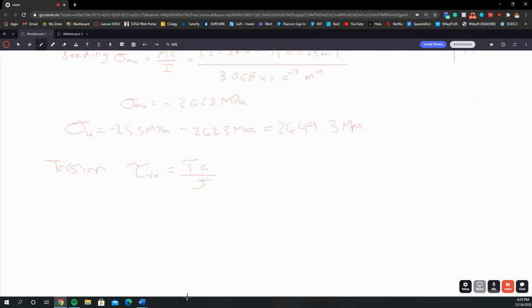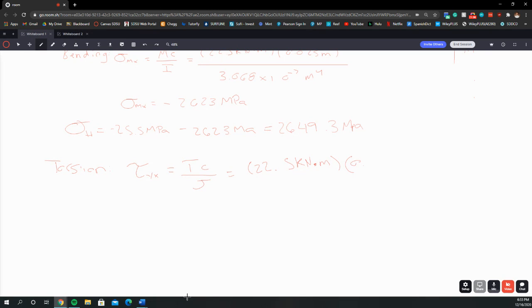Now we can plug this in. Torque is 22.5 kilonewtons per meter. This just comes from the moment that we found about the y-axis.